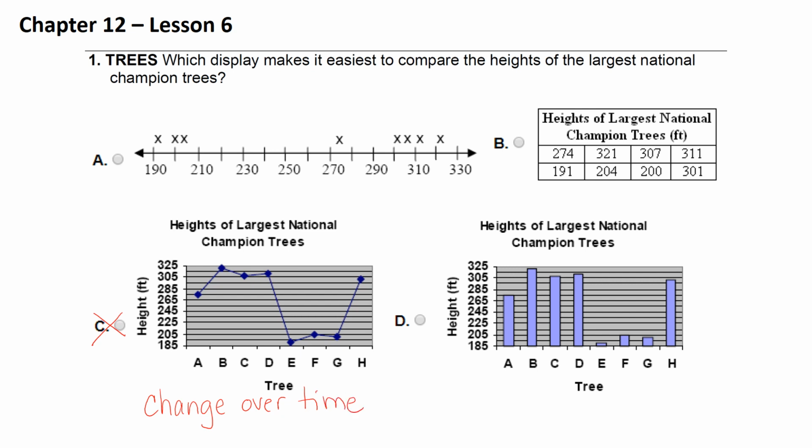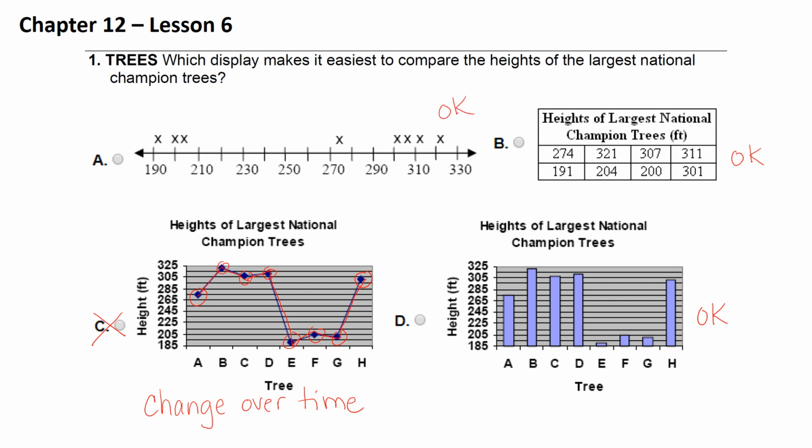And this makes it look like one tree grew and then shrank and then grew and then shrank and then grew and then shrank and then grew. These are each individual trees, so they should not be connected with a line. Now, D is a bar graph, and it's good. This would be okay. These are all okay graphs.